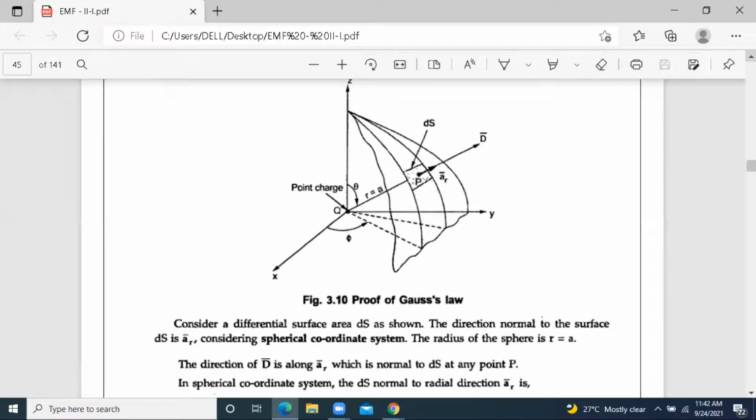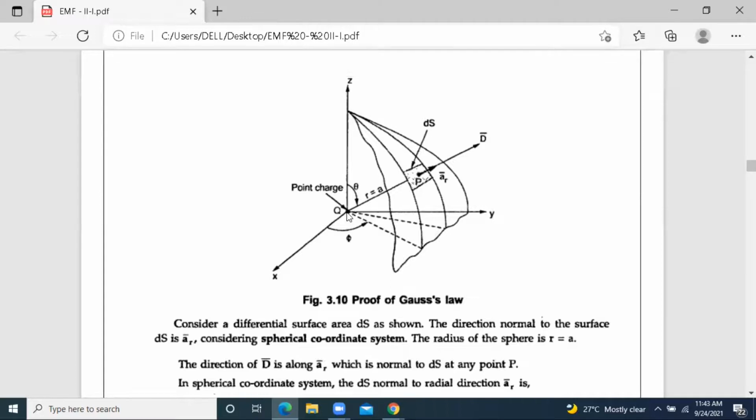Because if you have a point charge here, and you choose a sphere, no, you choose a cube, right?